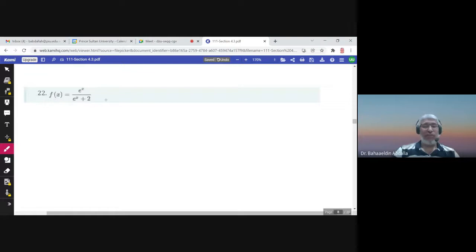Another question, we need to find f prime. We will use the quotient rule. Derivative of e^x is e^x. Derivative of e^x plus 2 is also e^x. So notice that I can take e^x as a common factor.